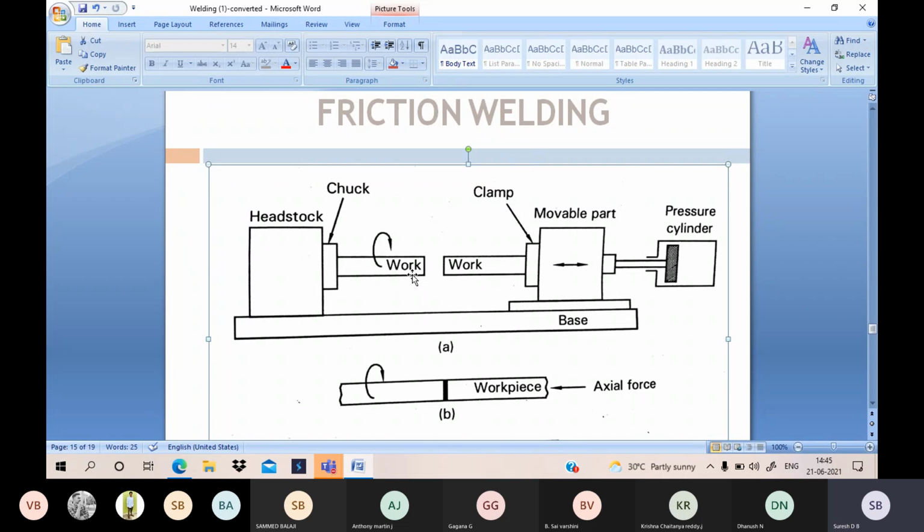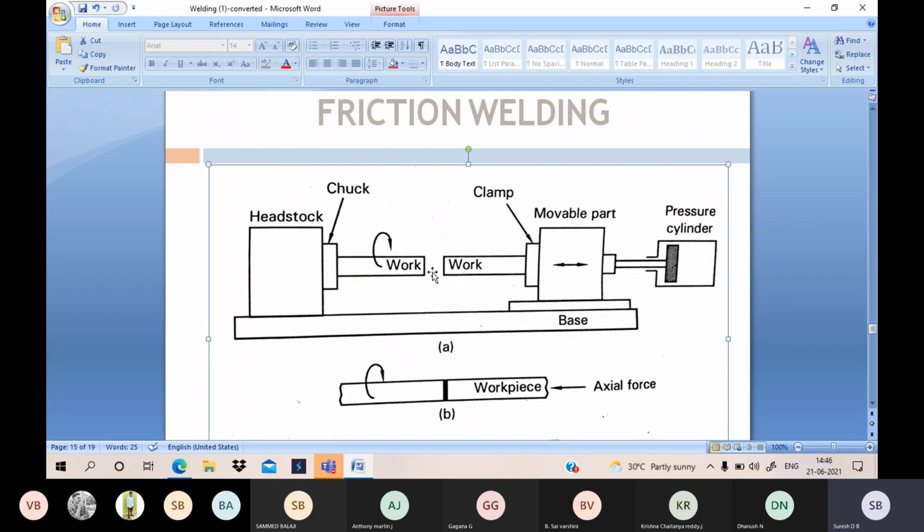Why can you select a lower speed for a smaller diameter? If the workpiece diameter is, for example, 10 mm, at that time you can select 200 rpm or 300 rpm, because you can select the maximum speed. The workpiece is then rotated at higher speed.